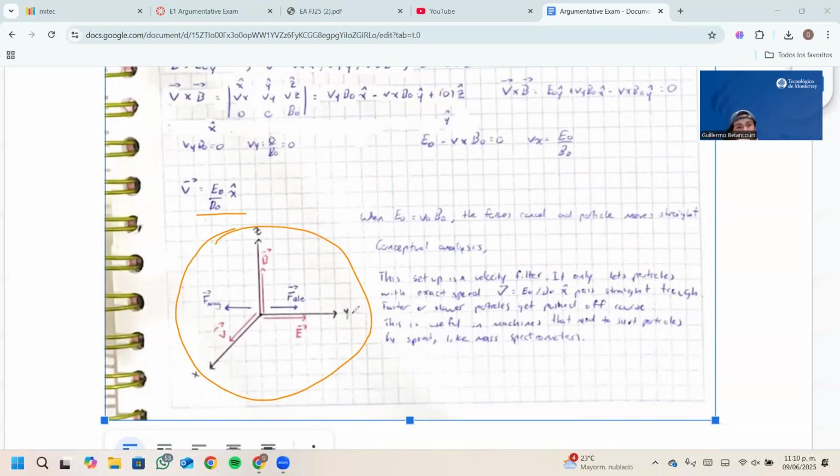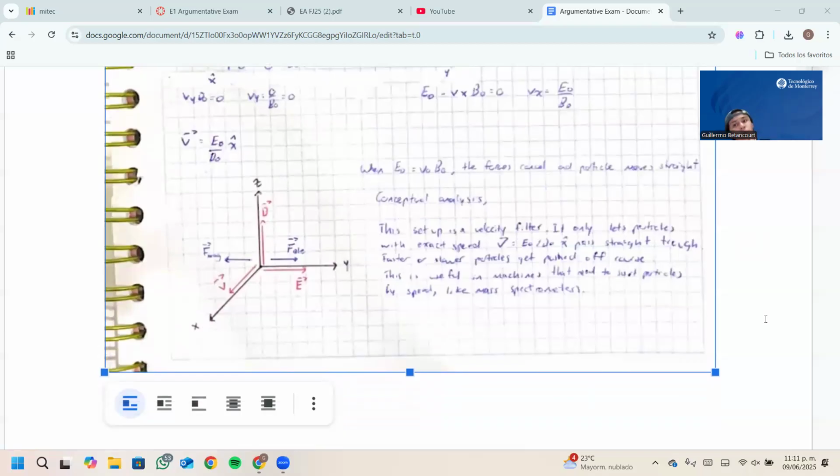We know that magnetic force is equal to negative y with this diagram. And then when E0 is equal to V0 times the magnetic field zero, the forces cancel and the particle moves straight.